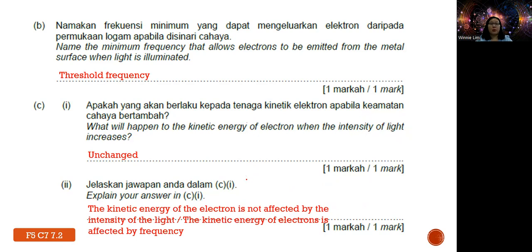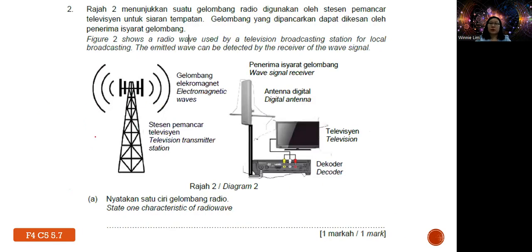Okay, then we proceed. Question 2 comes from the Form Four topic, waves, on the idea of electromagnetic waves. Figure 2 shows a radio wave used by a television broadcasting station for local broadcasting, and the emitted wave can be detected by the receiver of the wave signal. State one characteristic of radio wave.